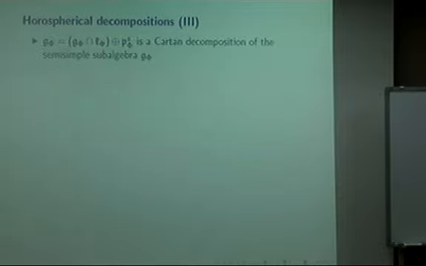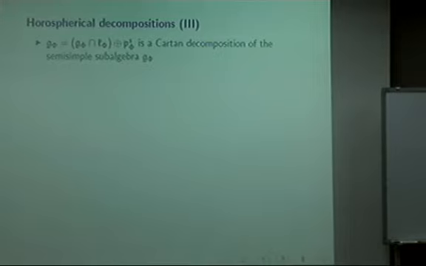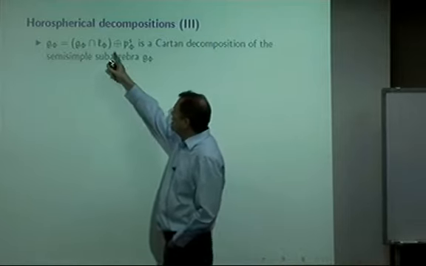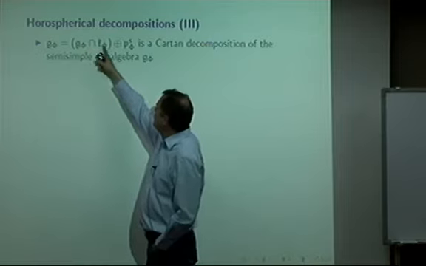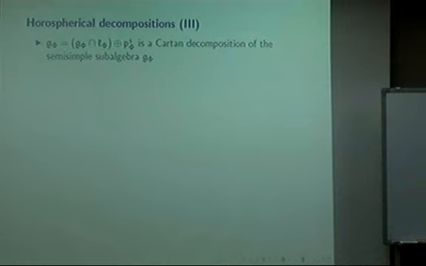Right. So now I try to get to the point with these horospherical decompositions. We saw earlier that we get a Cartan decomposition of g phi. When we intersect the compact part, it's just the intersection of g phi with k phi. And then we have this p phi s, the vector part, and this is a Lie triple system.